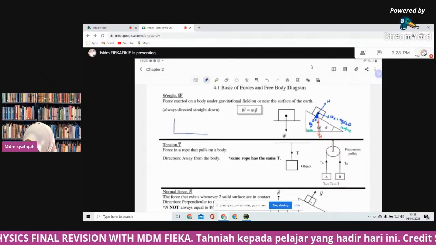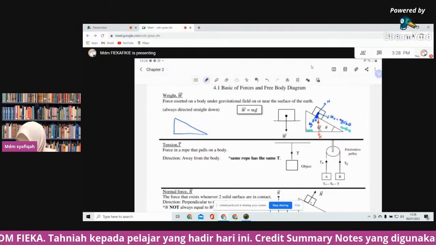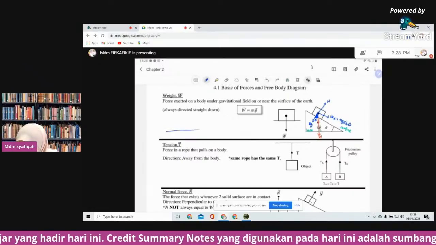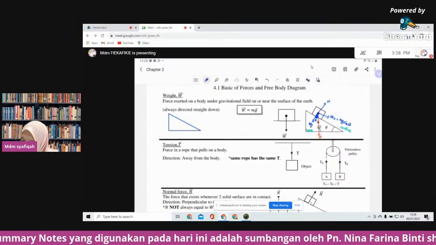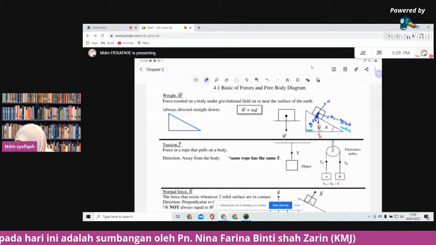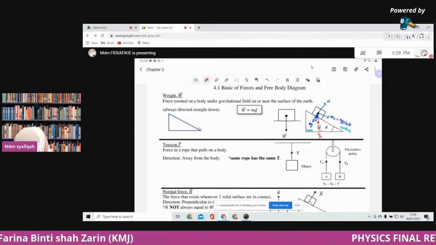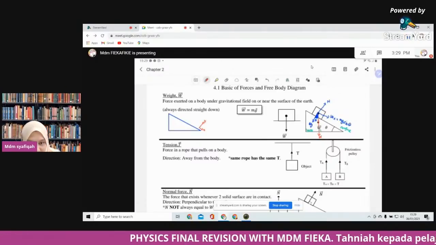Okay, so now when you have the inclined plane, saya nak sentuh sikit. Okay, good. So when you have inclined plane here, make sure you take the surface. This is the X component, and this is the y-axis, x-axis and y-axis.